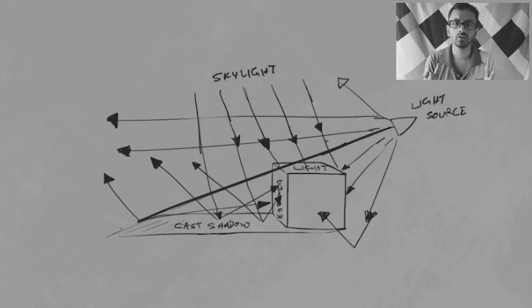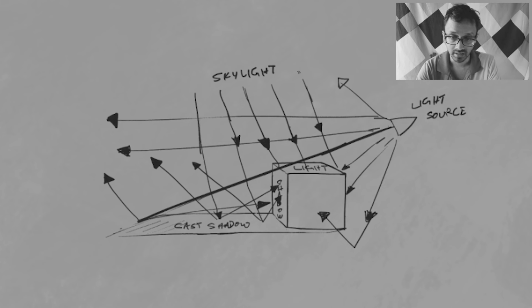But light doesn't just move in one direction. It bounces off from the surface. It bounces a lot. There are thousands and crores of bounces of light everywhere. These rays of light go everywhere. For example, this light source is creating a cast shadow, a light side, and a shadow side.